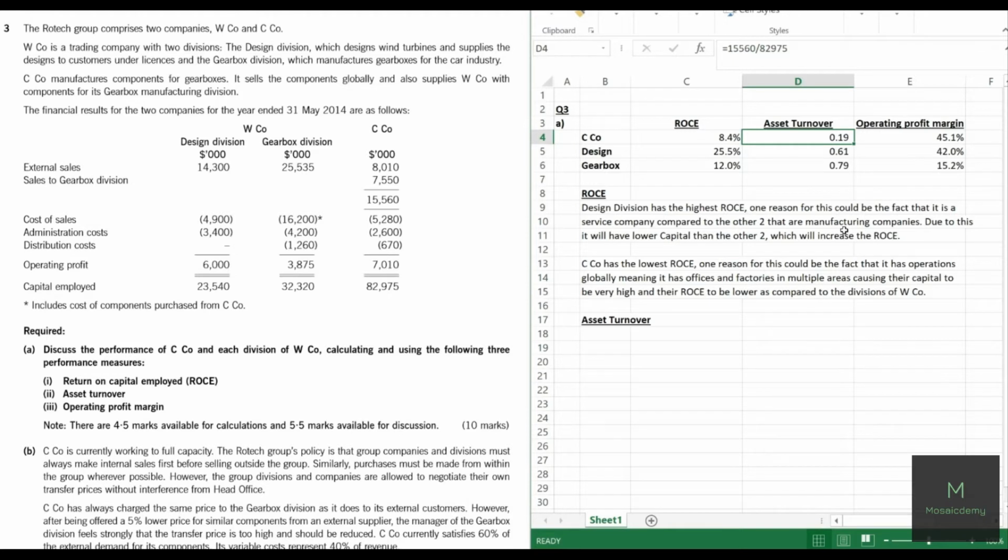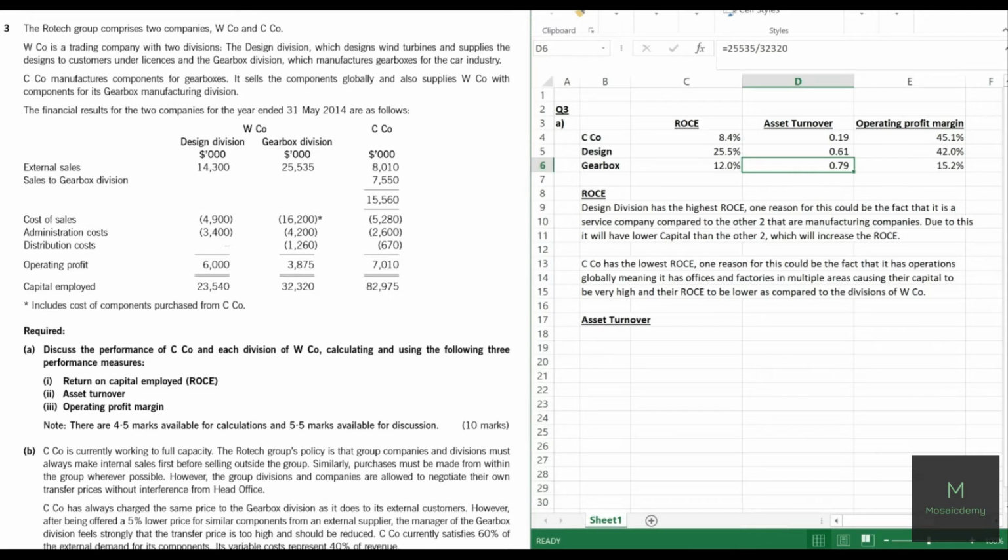So we can still make the point it's because of the high capital employed. But what about Gearbox? Why does it, even though it has a lower ROC than design, have a higher asset turnover than design, right?